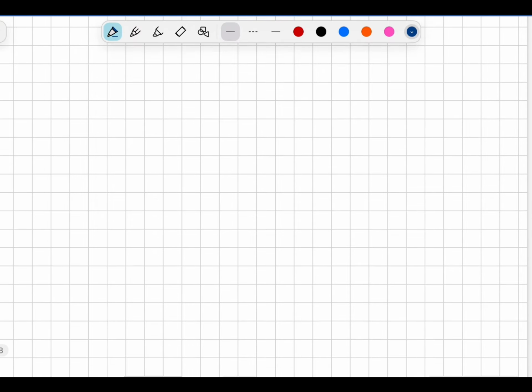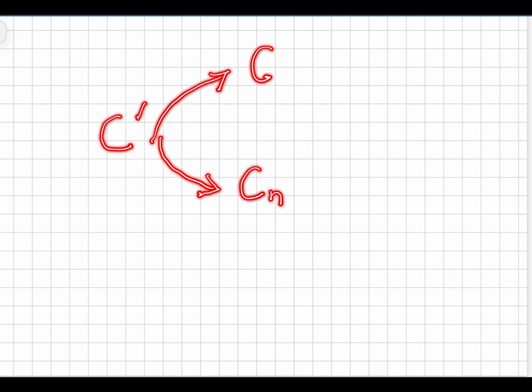So let me summarize it in a very quick way. The most general is heat capacity, C prime. If we are dealing with per unit mass, then it is specific heat capacity. If we are dealing with per unit mole, then it is Cn, molar heat capacity.